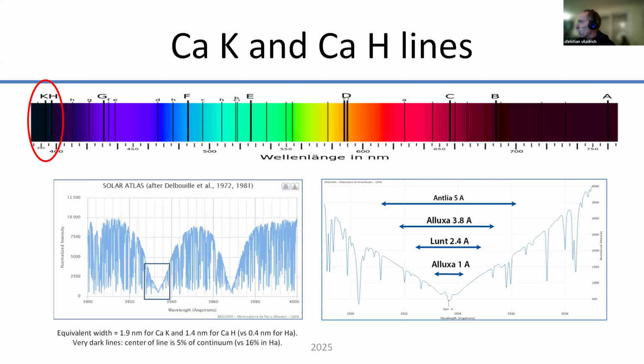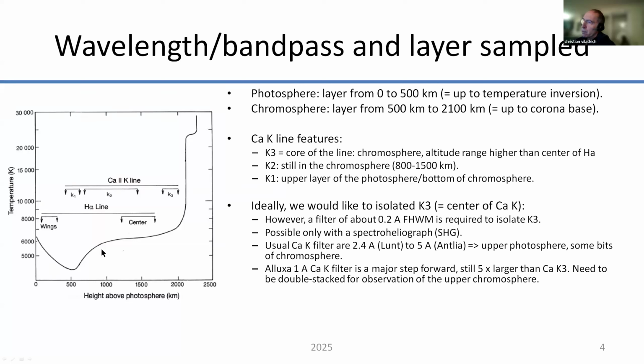So this is all about the width of the filters and the center bandpass of the filters. Depending on this, we see chromosphere or photosphere. Ideally, we would like to isolate the center of the K-line.